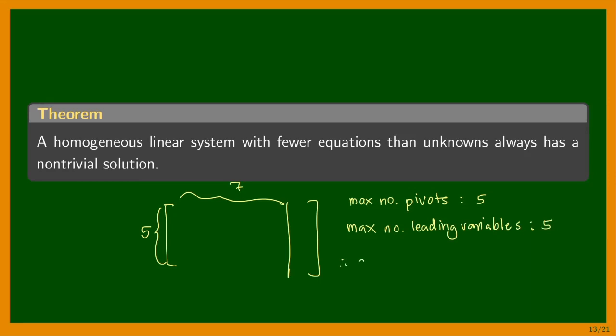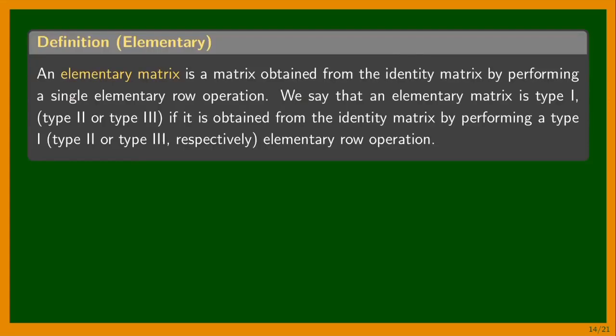Therefore, there are at least two free variables. So always, this linear system will have at least two free variables. Therefore, we'll have infinitely many solutions. So aside from the trivial one, we will have a non-trivial solution. That's why the theorem actually holds. You can generalize it or look at it in a more general way.